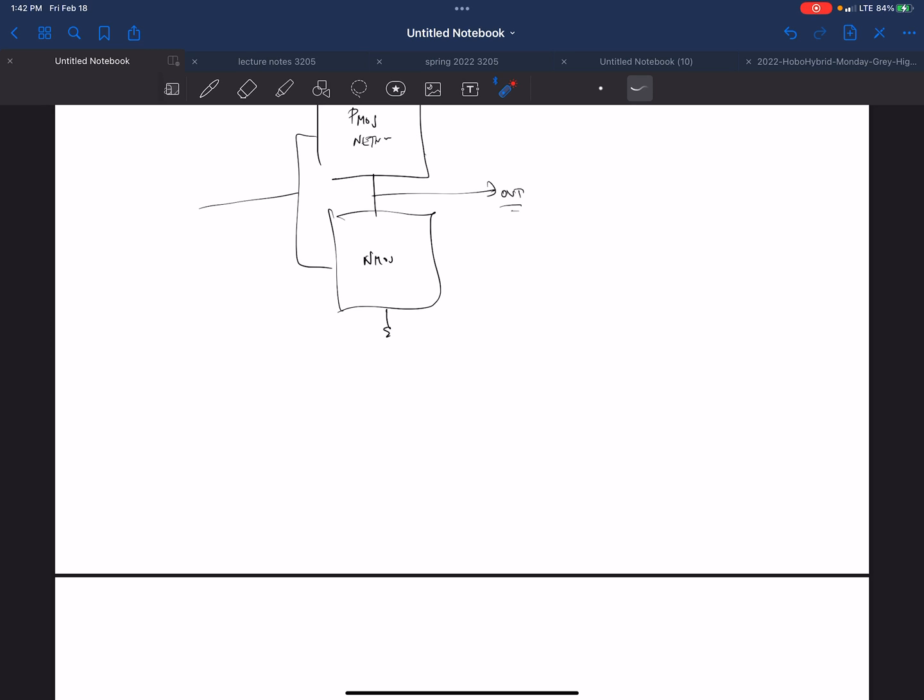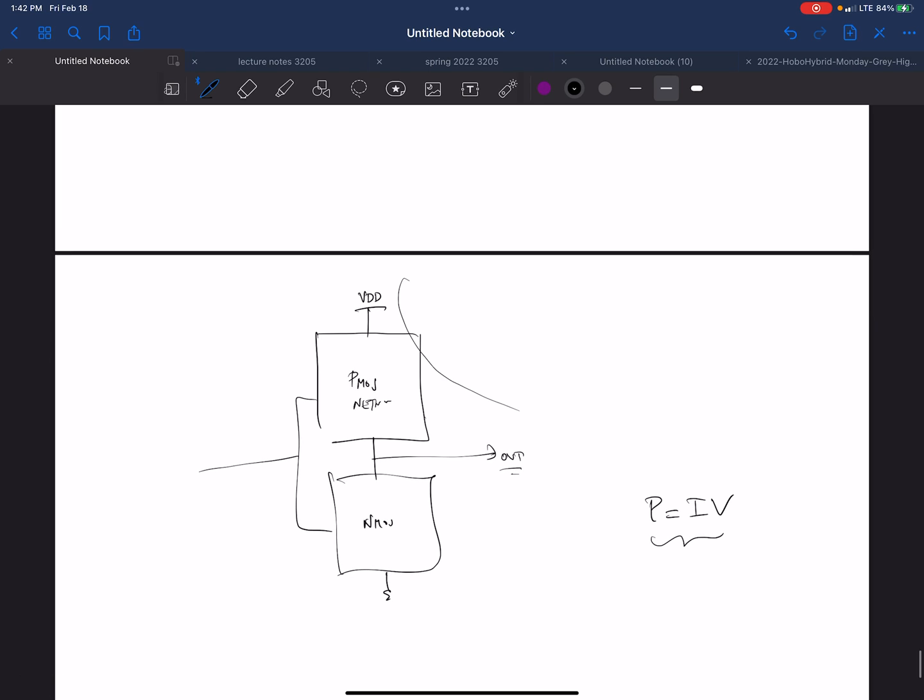I'm going to use 1 microvolt as the power supply, because remember, power ultimately is current times voltage. So that's the instantaneous power consumption. The power I'm drawing from this supply is to charge and discharge this capacitor. Everybody with me?